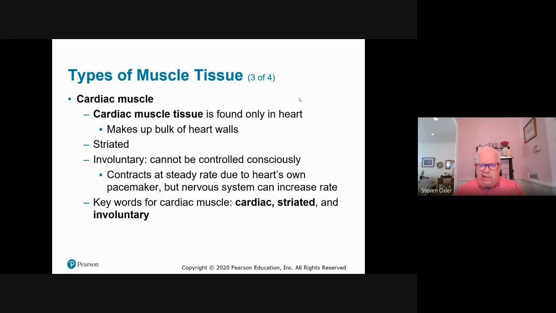Your heart has a steady rate due to its own pacemaker. So it's involuntary. It's going to beat whether you want it to or not. Okay? So the key words when we talk about cardiac muscle is that it is striated, just like skeletal muscle, but unlike skeletal muscle, it is involuntary. You cannot control it.